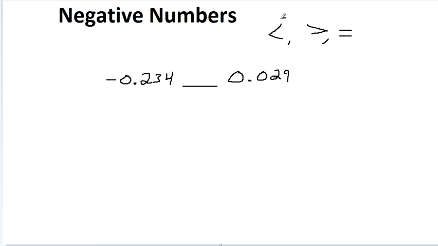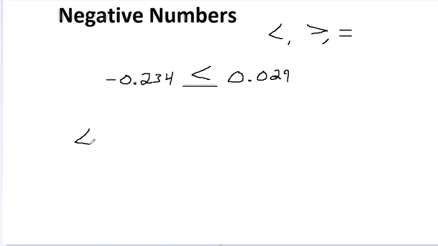Okay, this is the less than symbol, this is the greater than symbol, and the way you can keep those straight is that it's like an alligator's mouth, right? The alligator wants to eat whatever's bigger. So between these two numbers, I'm actually going to make the alligator go this way, because -0.234, that's debt. Positive 0.29, that's bigger because it's in the positives. Okay, so I put the less than symbol in there. This is less than this.